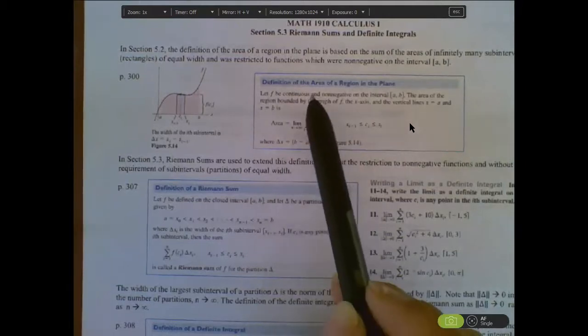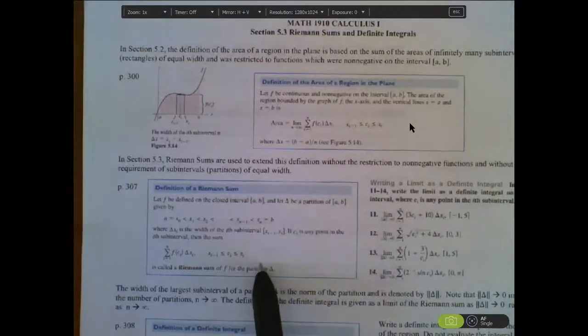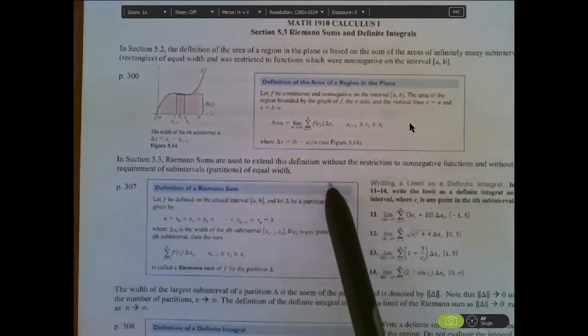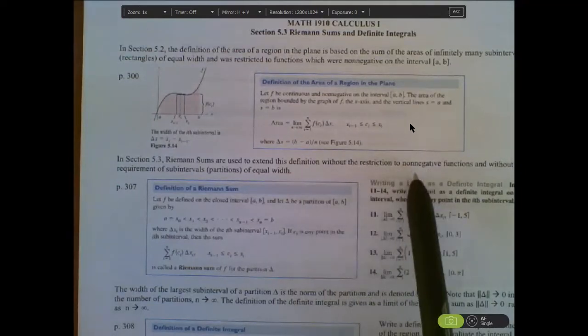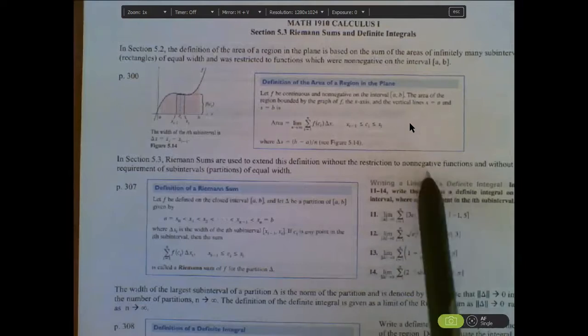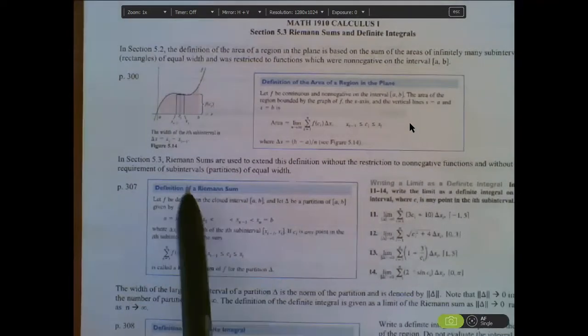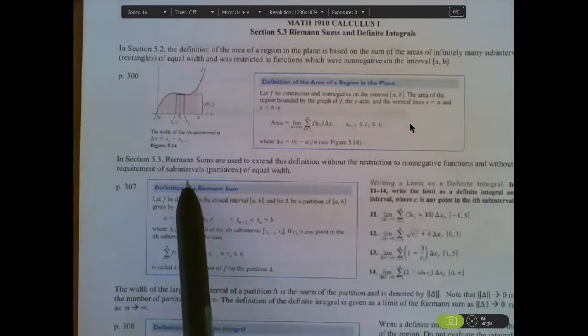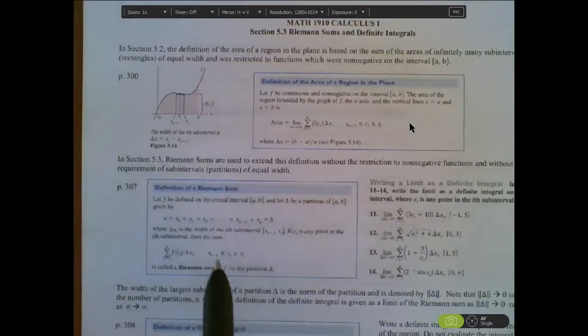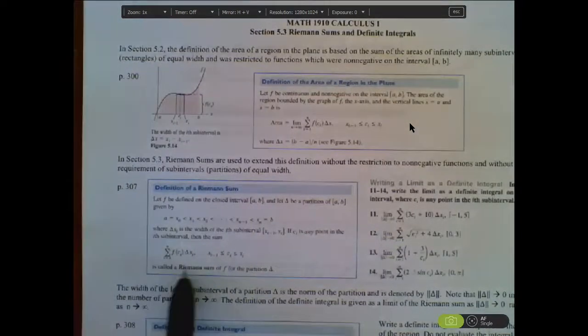Well, going just a little bit beyond that, taking off those two restrictions and allowing us to talk about functions that are below the x-axis in some places and not using the same width for all rectangles, then we have what's called the Riemann sum.